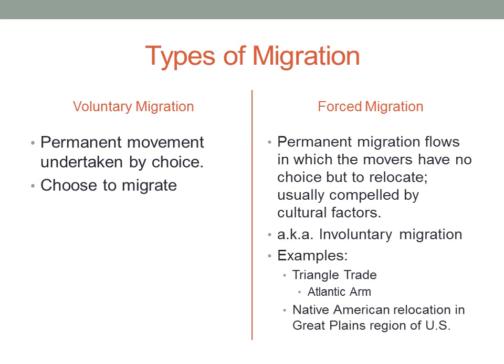A couple examples, historical examples that would fall under forced migration. The Atlantic arm of the triangle trade, or the Atlantic slave trade, is a good example of forced migration. We're going to see it when we look at some of the biggest modern migrations in human history. And that is an example of a forced migration.